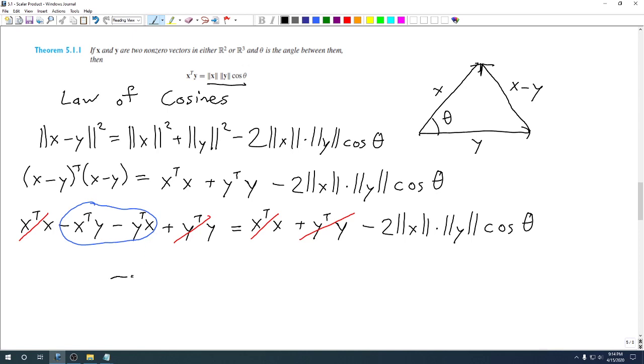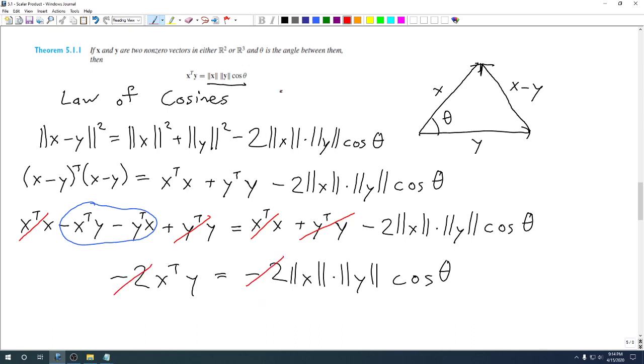So really over here we have minus 2, so we still have a negative in front of them, but we have 2 copies, times that scalar product is equal to negative 2 times magnitude of x, magnitude of y, times cosine of theta, and of course we can cancel a negative 2 from both sides. That wasn't really too important. So x transpose y is just the product of the magnitudes times the cosine of the angle between them.